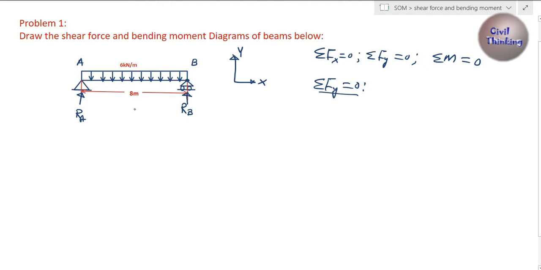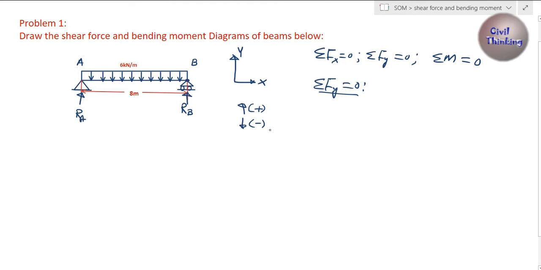RA is also included, and this 6 kilonewton per meter is a UDL, which is of course in the vertical direction. Let us assume the upward forces as positive and downward forces as negative. You can also do vice versa, but whatever sign convention you choose, you have to keep it from the beginning until you find the shear force diagram or the bending moment diagram.